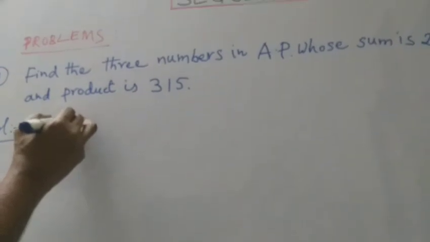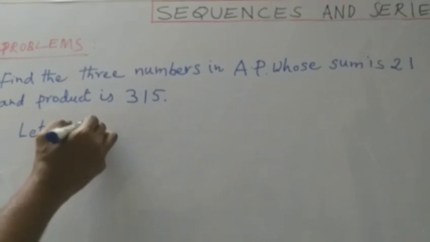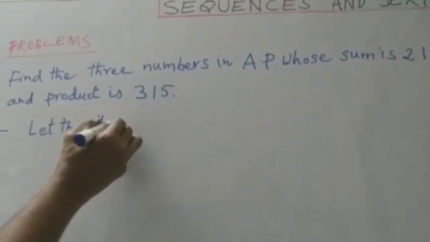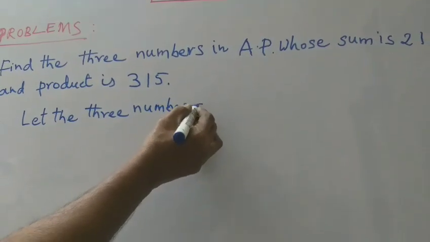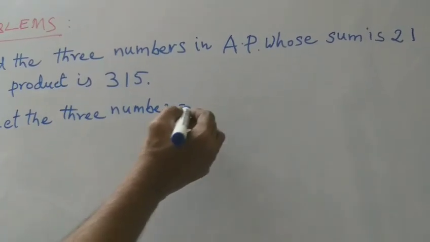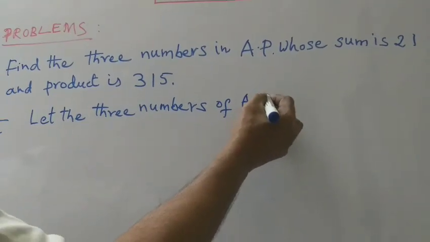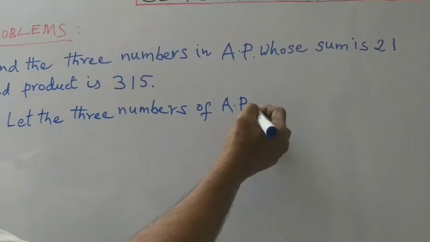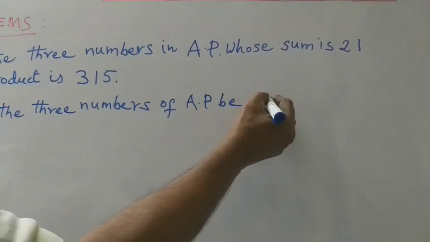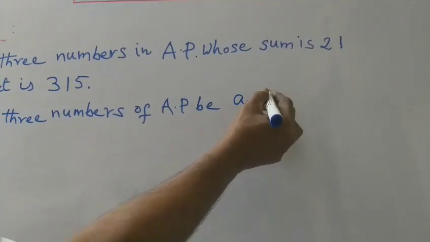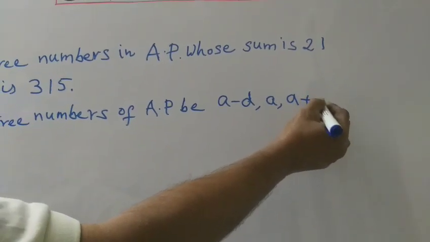Let the three numbers of arithmetic progression be a minus d, a, a plus d.